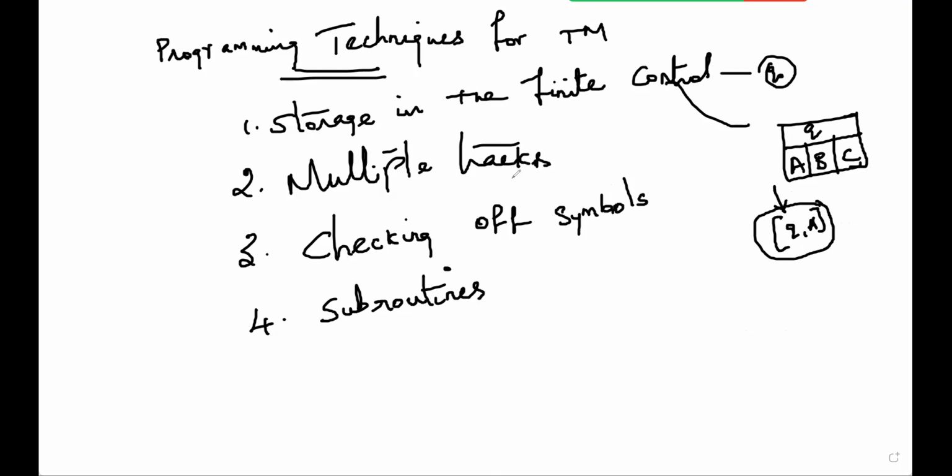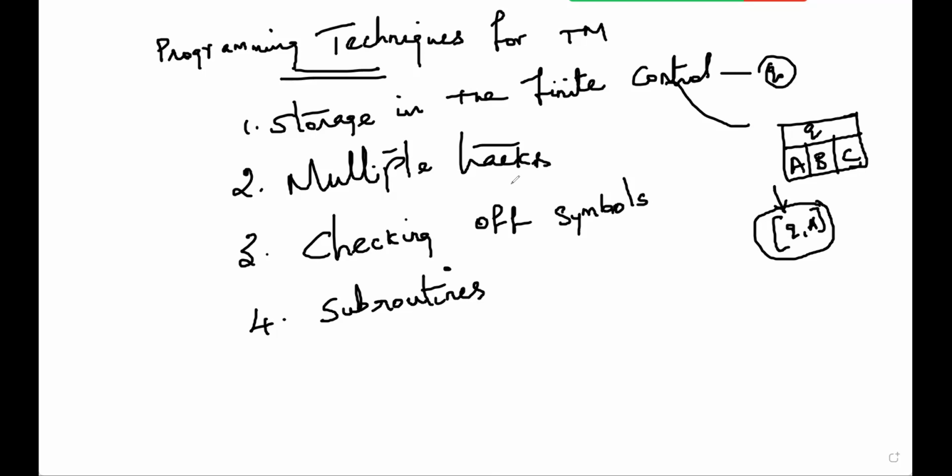Multiple tracks is I can use more than one track. I can store more than one input string in all the tracks. So 3 tracks I can process or recognize. For some logic we need a larger number of tracks in parallel, and I want to access them.